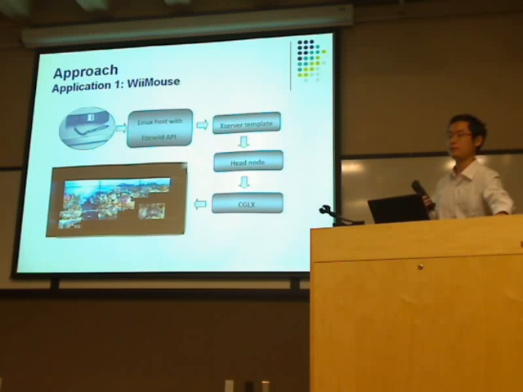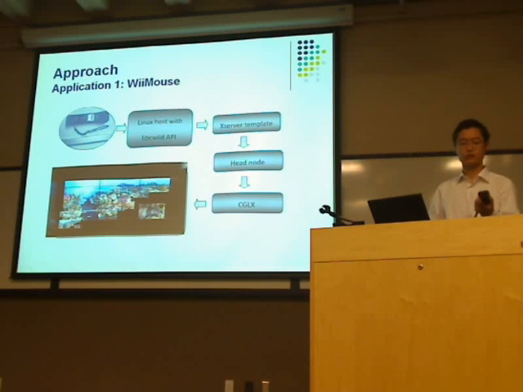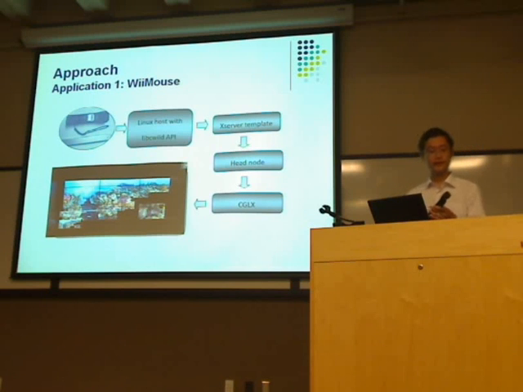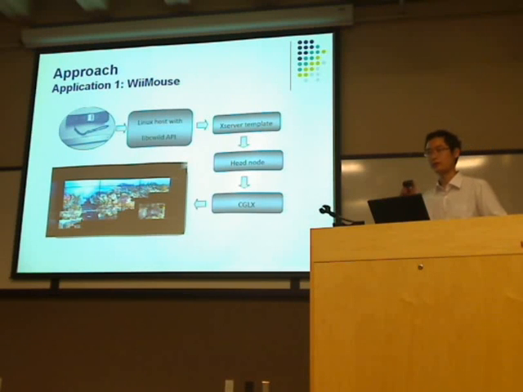We have mapped the mouse left, right, scroll up, scroll down, and middle buttons to the remote, and we also mapped 5 keyboard buttons to the remote. And we use an IR sensor bar and the IR camera of the remote to define the X and Y axis of the mouse.